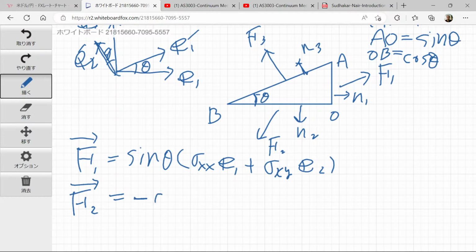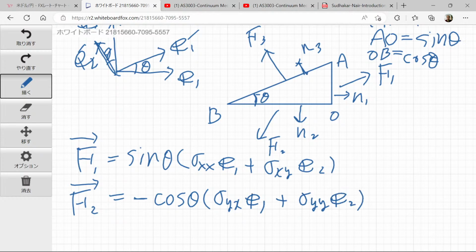Then there's a cosine. This is the length, cosine theta. Then there's a stress function, which is sigma yx e1 plus sigma yy e2.